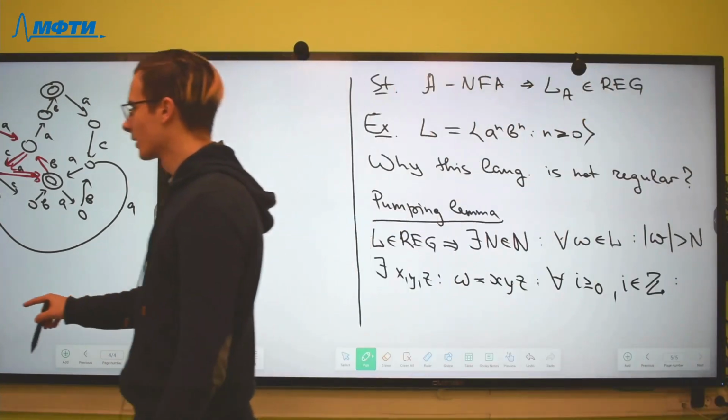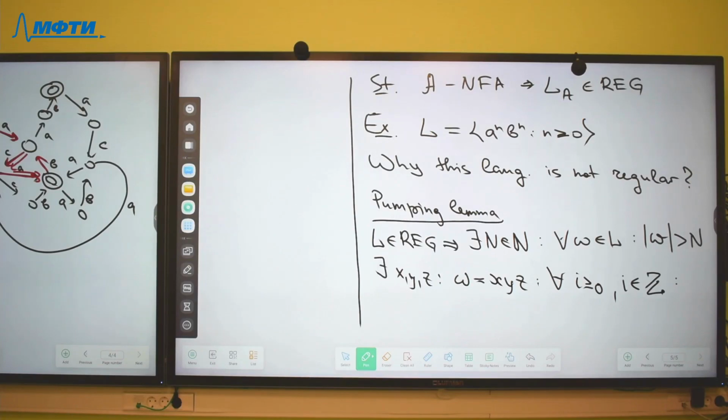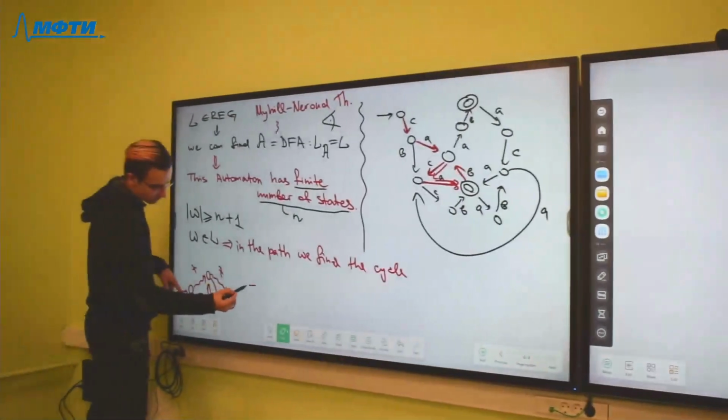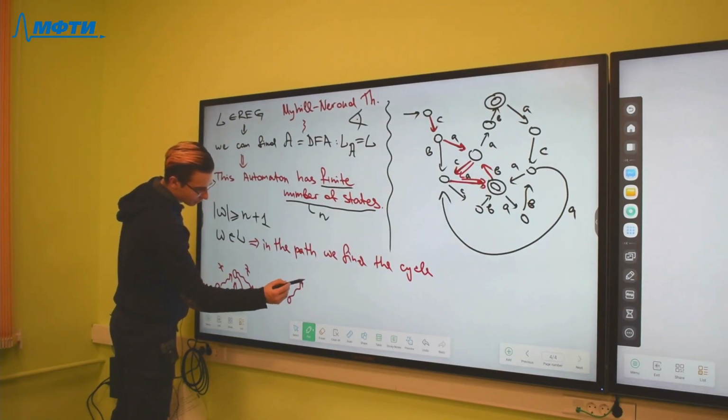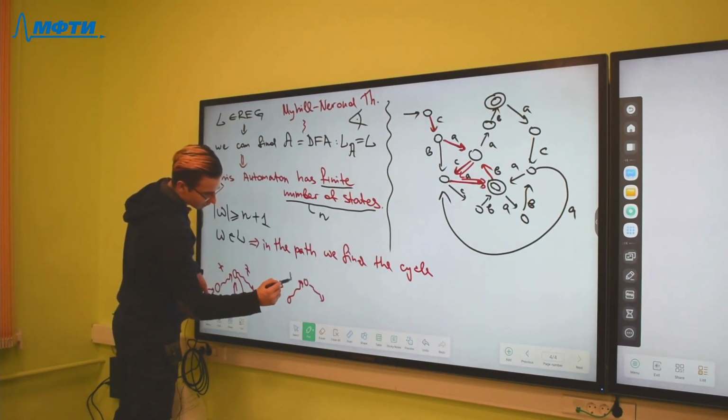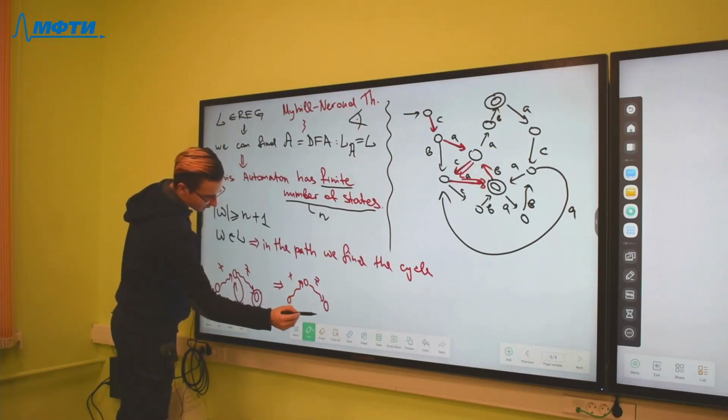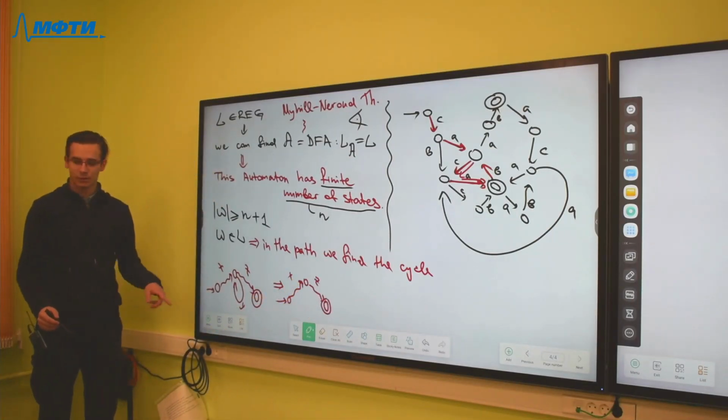what is interesting? We can find the path, for example, such a path from the initial point to the finish point.